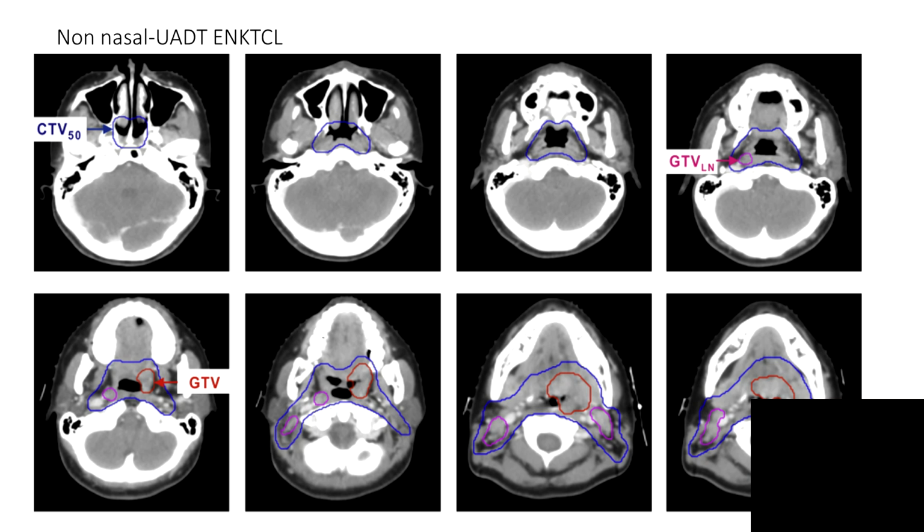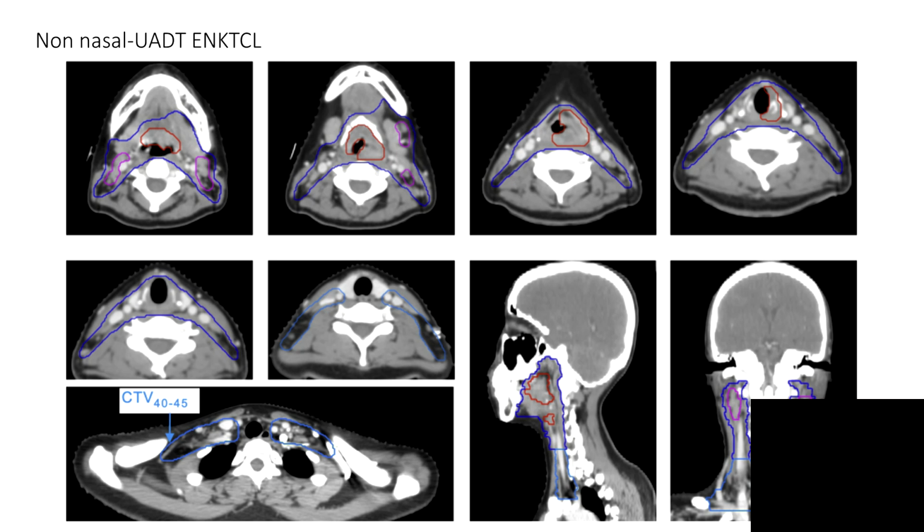So this is another example of a non-nasal upper aerodigestive tract ENKT cell lymphoma. This is a tumor in the left tonsil, and there are multiple gross cervical lymphadenopathies as shown in the picture. So here we are giving a 5 millimeter, sorry, all around expansion, including all the critical structures as mentioned, and covering the node levels up to level 5.